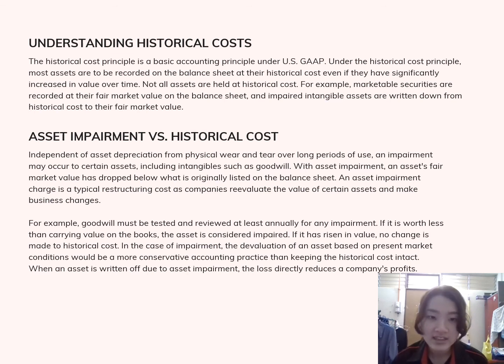In the case of impairment, the devaluation of an asset based on present market conditions would be a more conservative accounting practice than keeping the historical cost intact. When an asset is written off due to asset impairment, the loss directly reduces a company's profit.